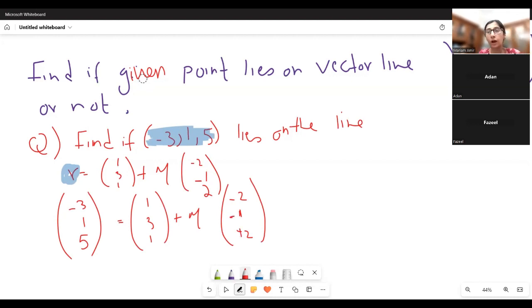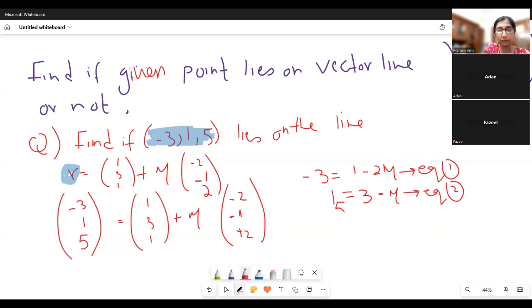Okay. So now how do we tell if that lies on the vector line? You have three equations here. Minus 3 equals 1 minus 2 mu, equation 1. And then 1 equals 3 minus mu, equation 2.